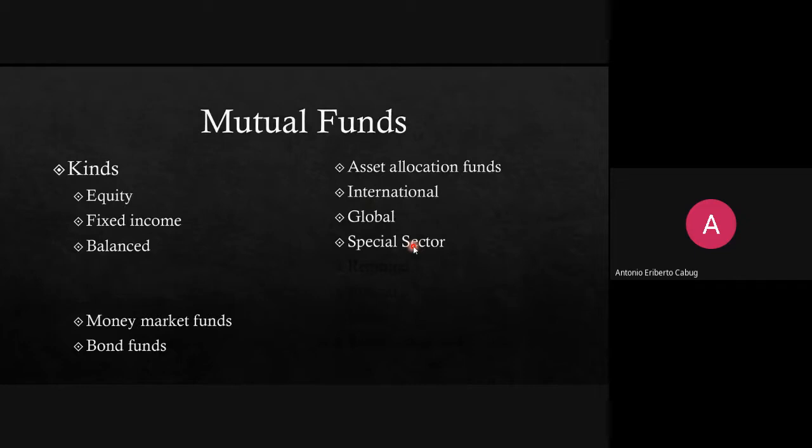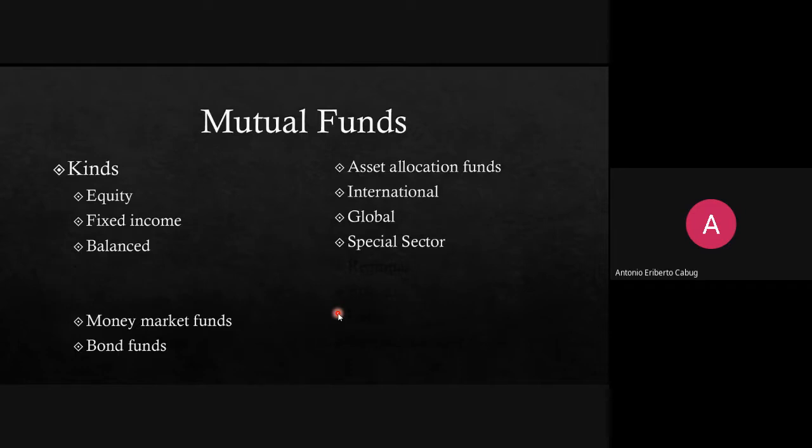Special sector fund. Pwedeng yung fund manager, gagawa siya ng type of fund wherein it would be on a particular sector. This fund would only include manufacturing companies. This fund would only include financial institutions. This fund would include only mining companies. So a special sector fund is a fund that pertains to a particular industrial sector.